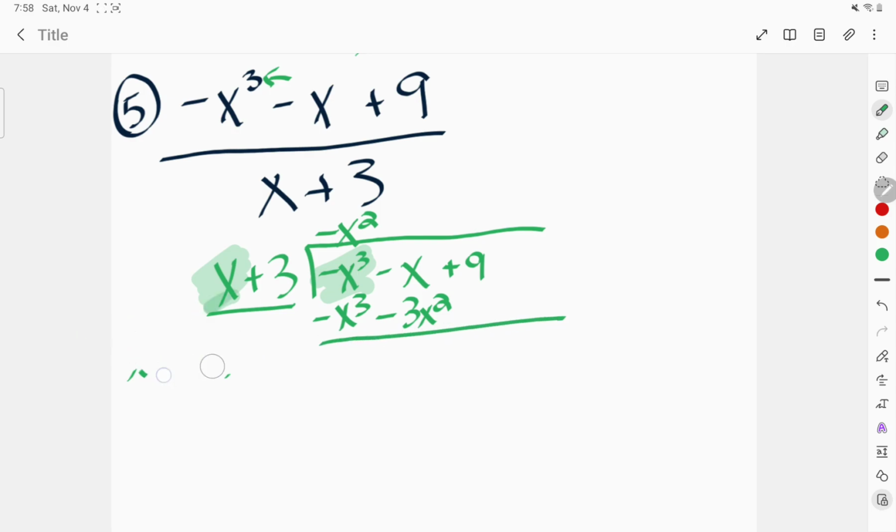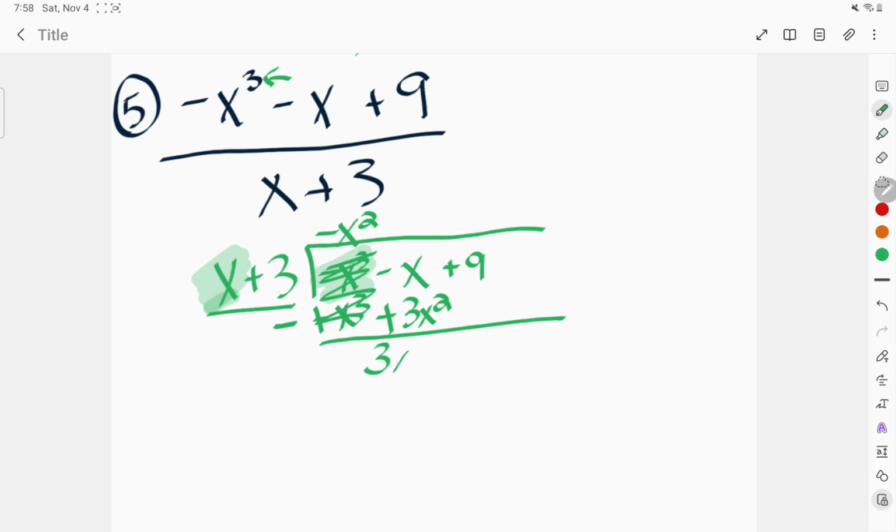Okay. So then I subtract, and when I subtract, it changes these signs. Negative x to the third plus x to the third is 0. That cancels. This x squared and this x I can't combine because they're not like terms.